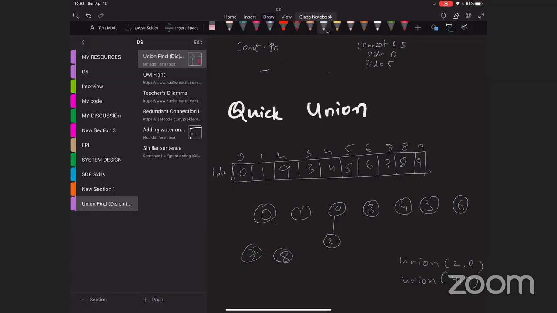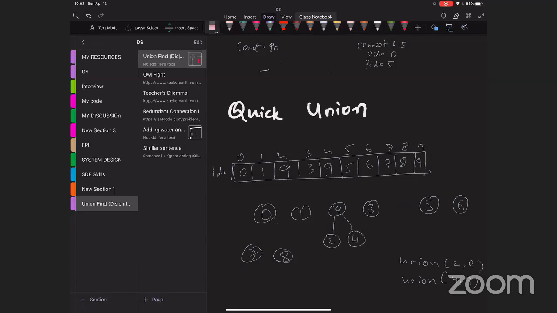Okay, union 4 and 9. So my union is very simple now. What I do is P of 4 is replaced with P of 9. So this becomes 9. 4 comes here.